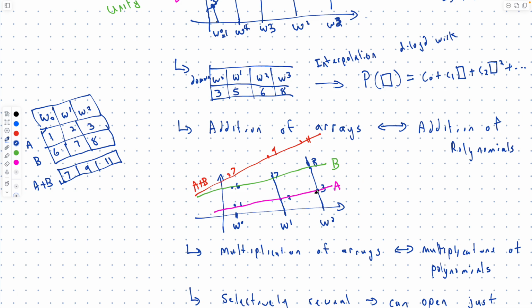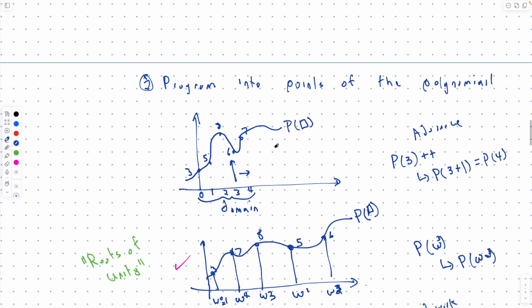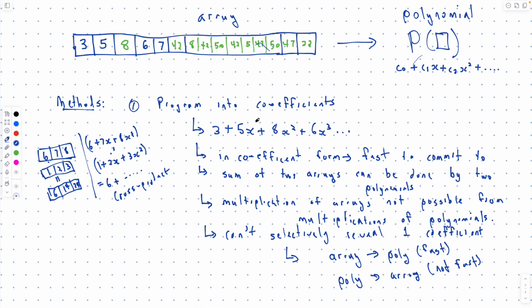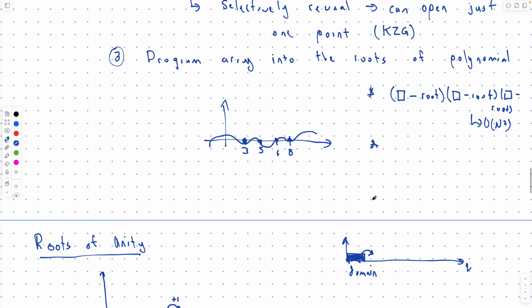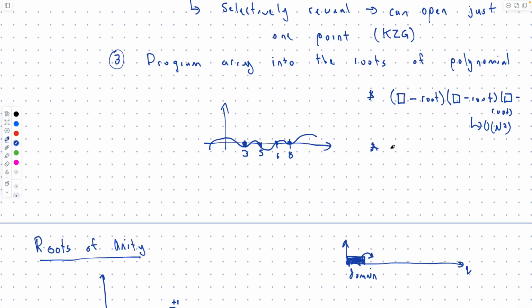Like it goes up first before going down, or it goes down. So when I commit to, if I change the order without changing what I'm committing to, I always get a completely different polynomial. Same with the coefficients. So if I swap the 5 and the 8 here, it's a different polynomial, even though they look the same. Okay? But if I encode in the roots, then order basically doesn't matter.